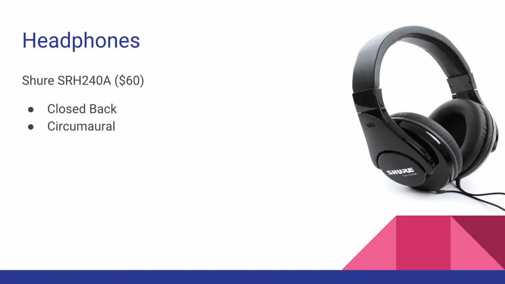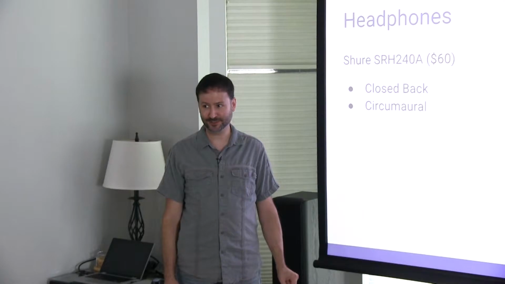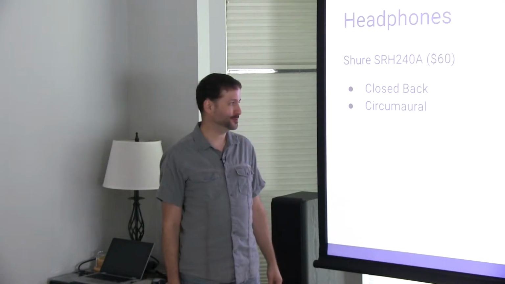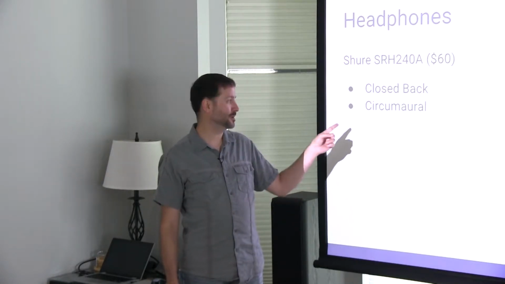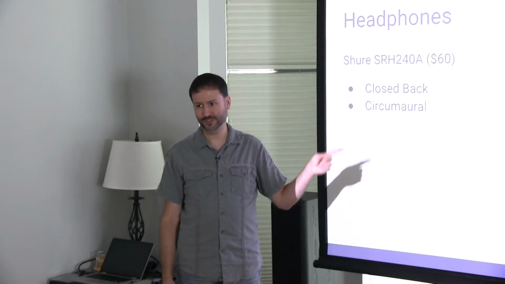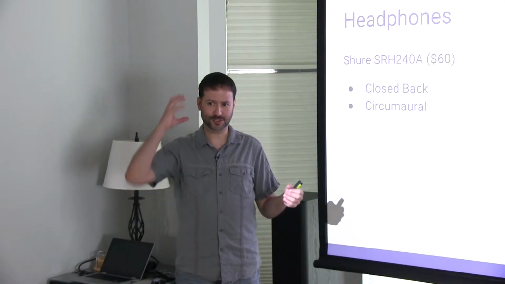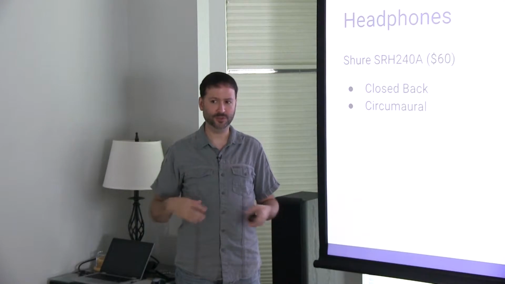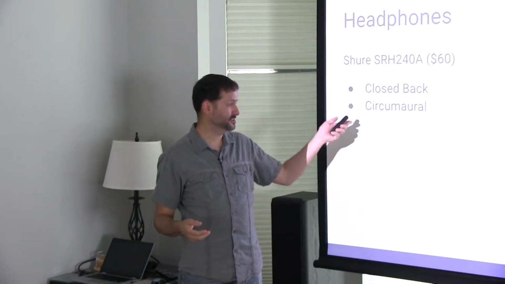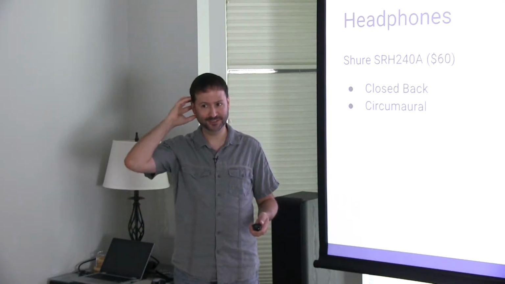You've got to have headphones. You have to listen to your audio as you're recording it. I'm going to talk more about that later. You should get closed back circumaural headphones. Circumaural means it goes around your ear, not on your ear. When you're looking at them, a lot of times they won't say circumaural, they'll just say around the ear.